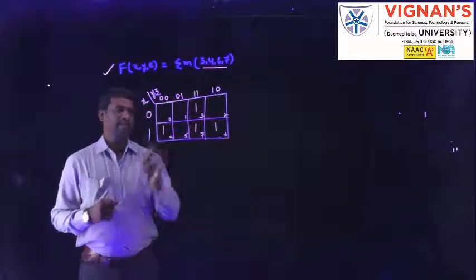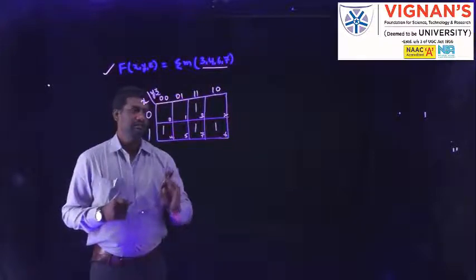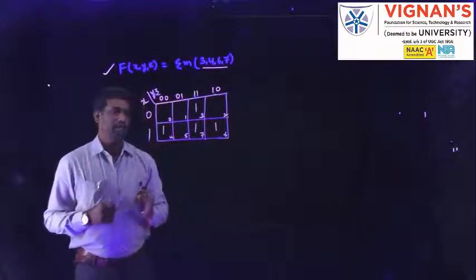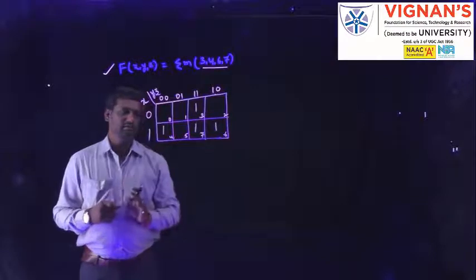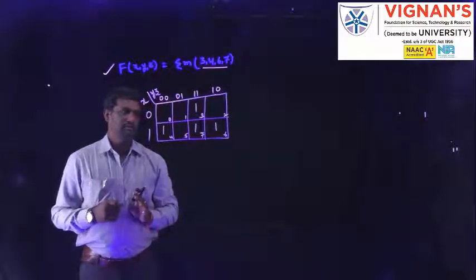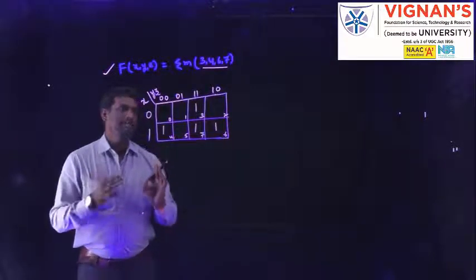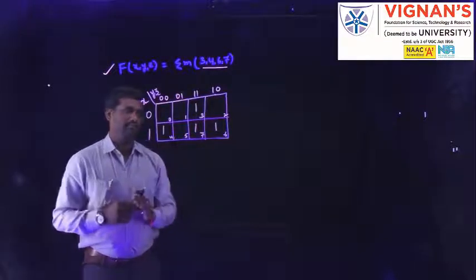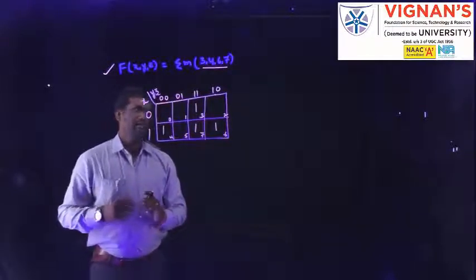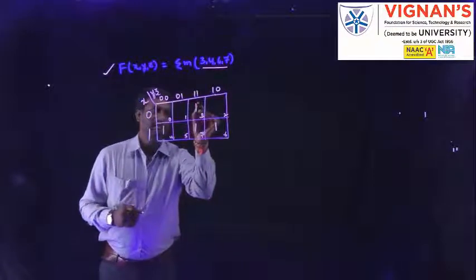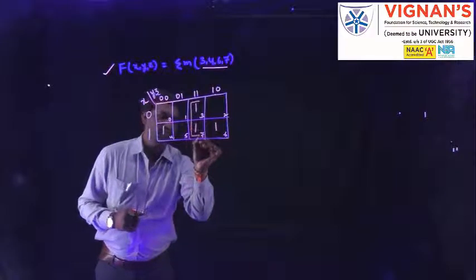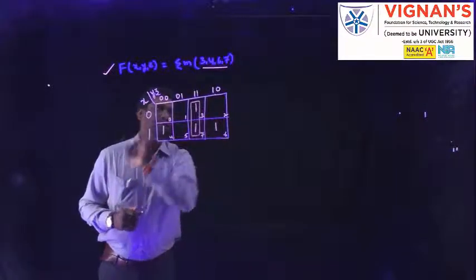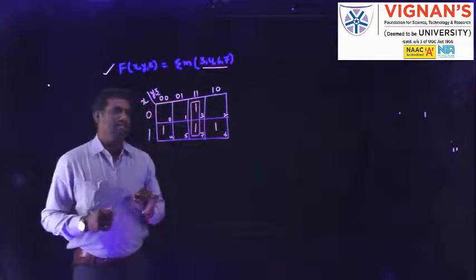Now simplification of the K-map. We need to group the cells in order to simplify this K-map. Directly, if you observe here, there is a possibility of grouping these 2 ones because they are adjacent to each other.